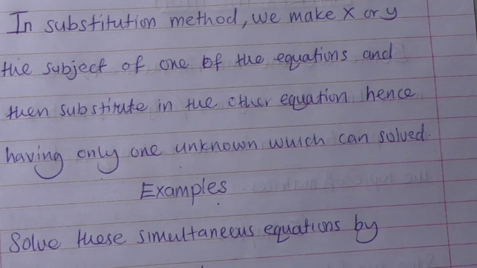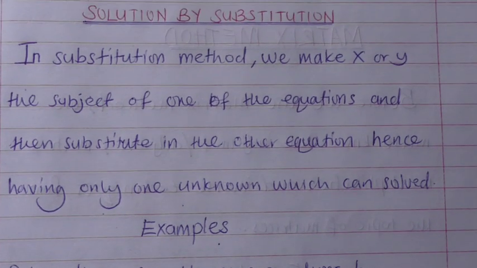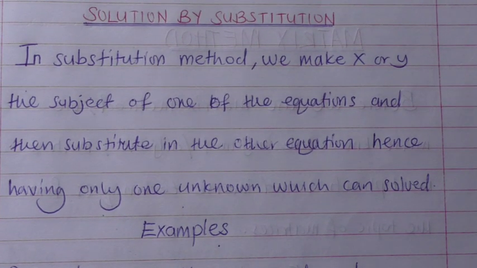Otherwise, when solving simultaneous equations using substitution method, we make one of the unknowns the subject using one of the equations and substitute in the other equation, and therefore that leaves us with one unknown which can be solved.